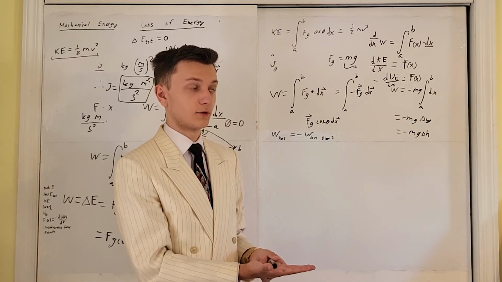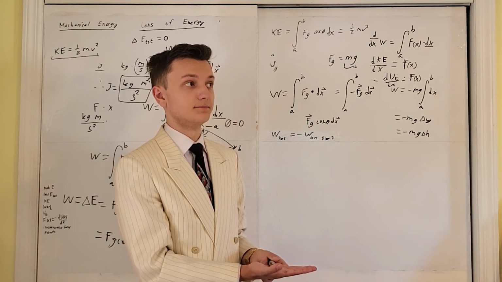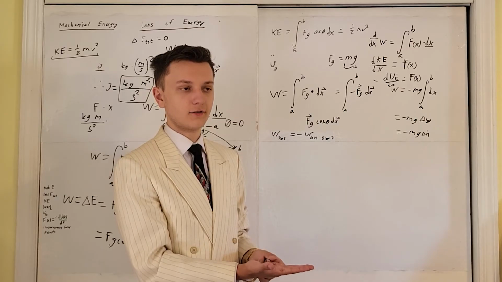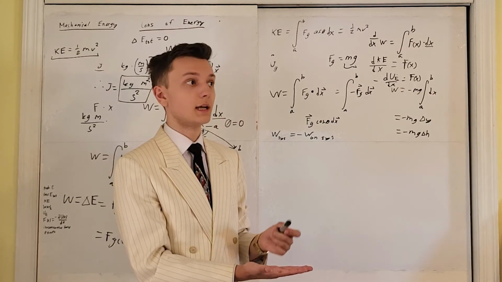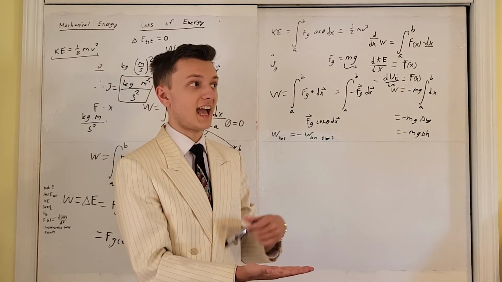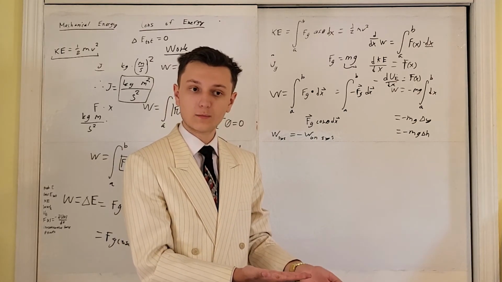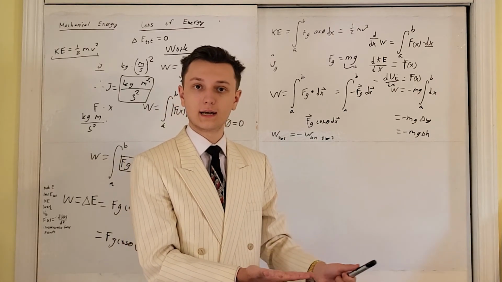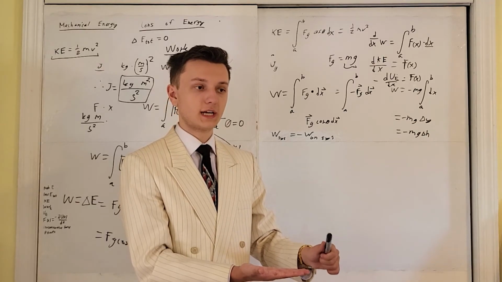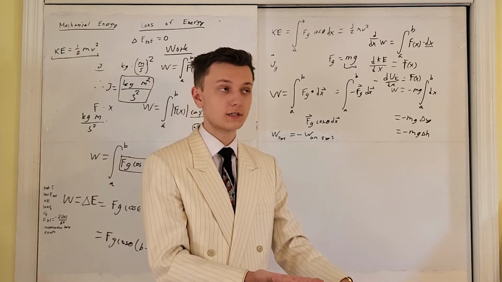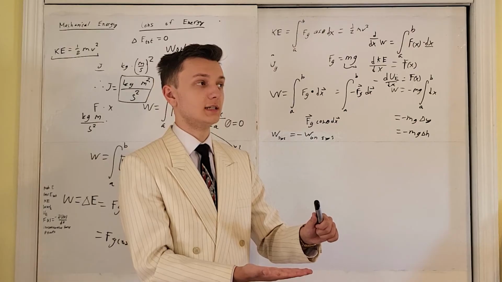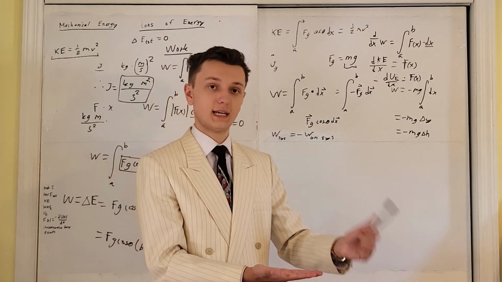A conservative force can convert energy into a usable form. If a conservative force is acting on an object, the conservative force imparts kinetic energy. If the object is acting against a conservative force, then the object is converting energy to potential energy.